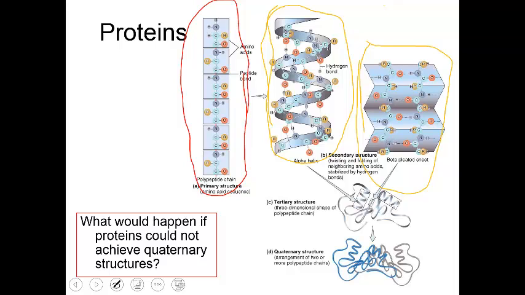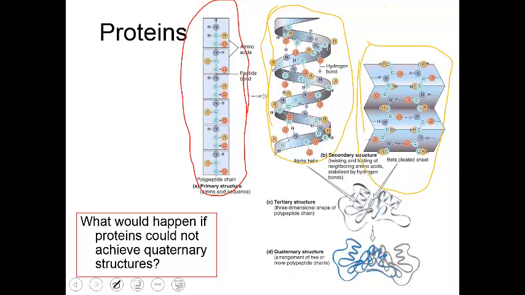Now here is where the tertiary level of protein folding comes into the picture. You can have an alpha helix bind with another alpha helix, a beta pleated sheet bind with another beta pleated sheet, or you could have a combo of a helix and a sheet.